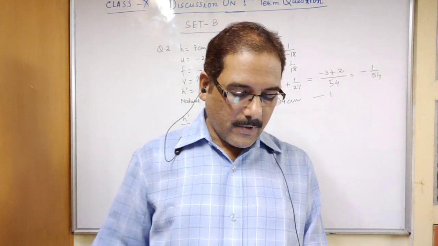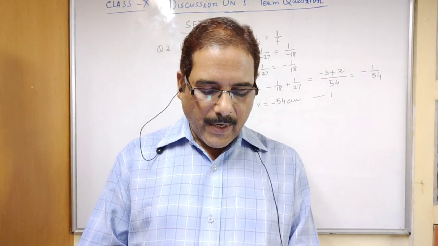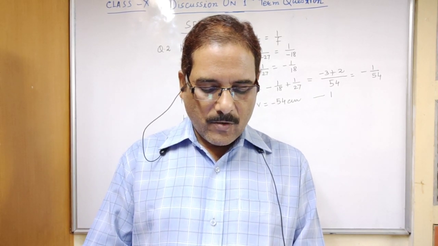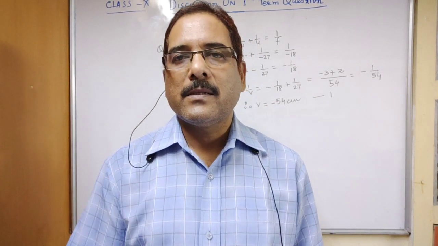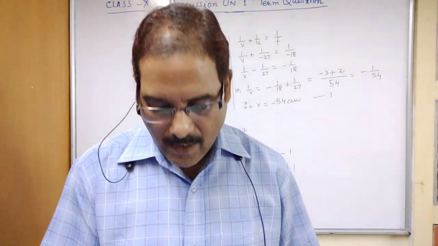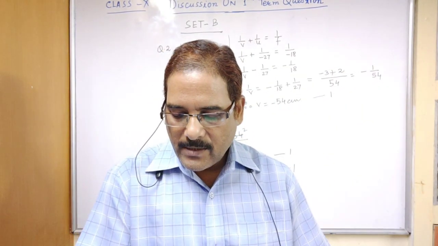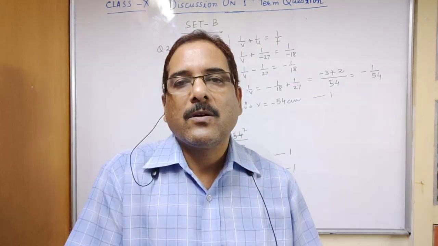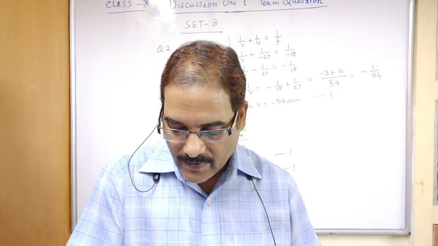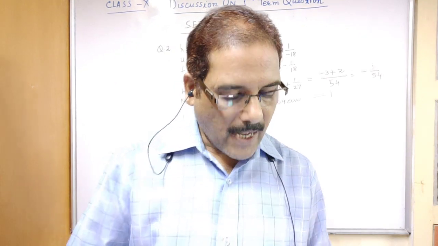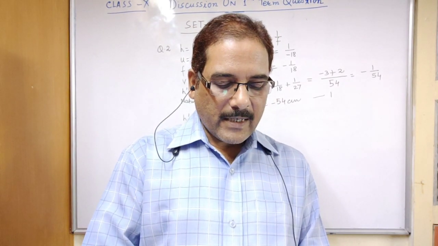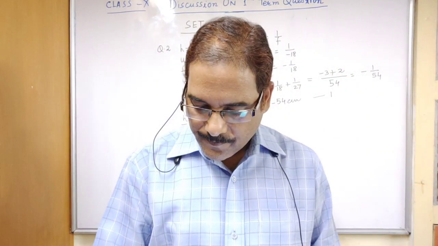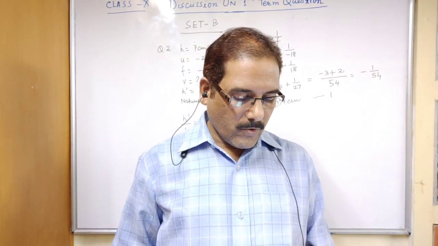Then the third part of this question, define absolute refractive index. So absolute refractive index, we have learnt earlier that the refractive index of a medium with respect to vacuum or air is called absolute refractive index. Now the last question is, the refractive index of diamond is 2.42.